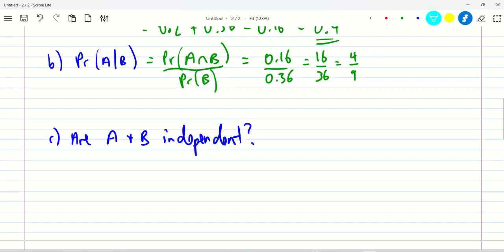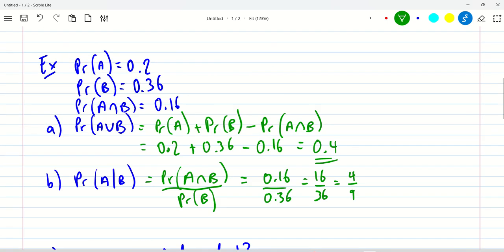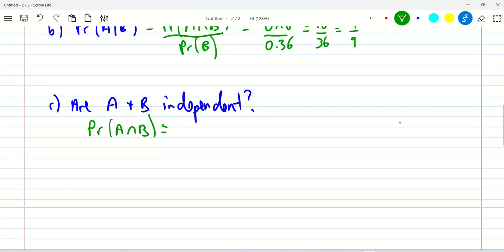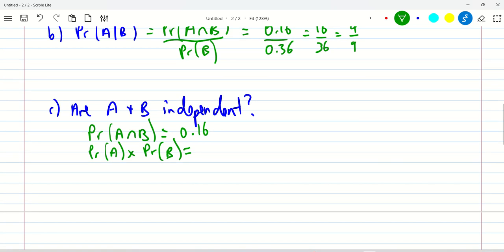Let's find the probability of A intersect B. We've already got it: it's 0.16. And let's also find the probability of A times the probability of B. If this is equal to 0.16, that means they're independent. If it's not equal to 0.16, they're not independent.